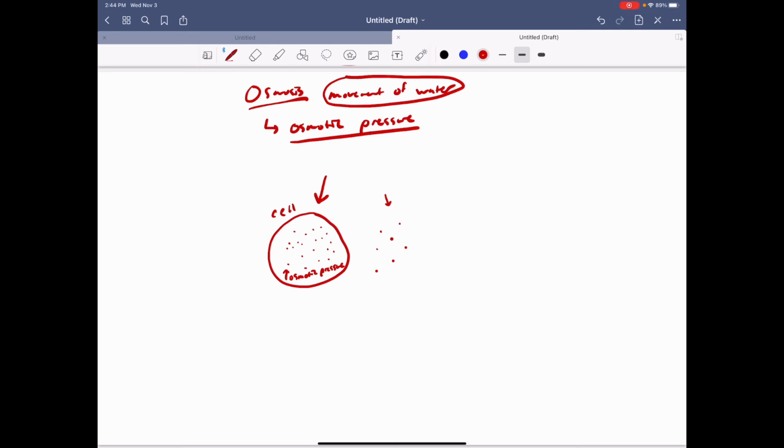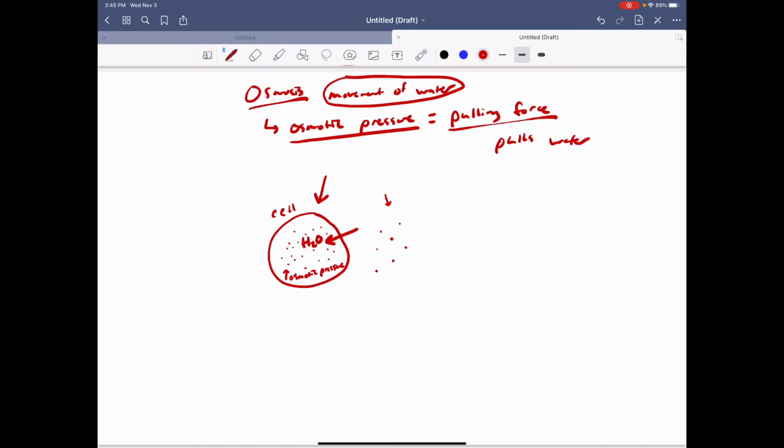And an important thing to remember about this osmotic pressure is that it is a pulling force, okay? It pulls water. So it is going to pull water into the cell, okay? And that's dictated by those little solutes, all right?